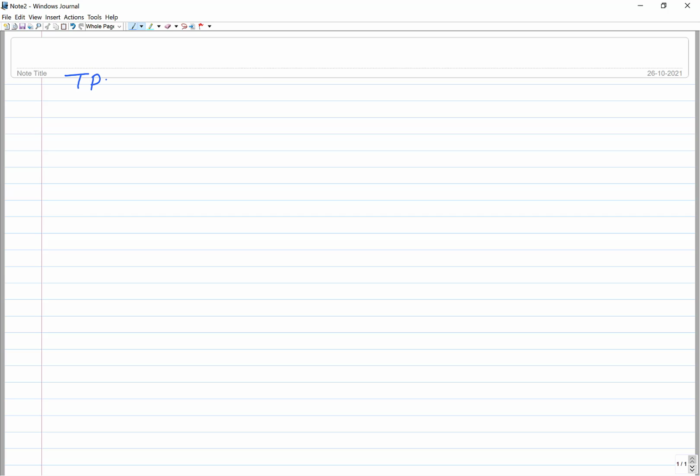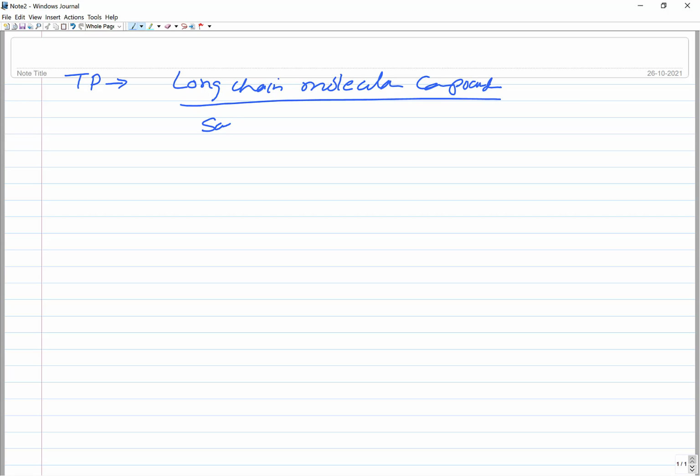The thermoplastic is the other type of resin which is used. These are basically long chain molecular compounds. These compounds get softened when they are heated and get hardened on cooling.